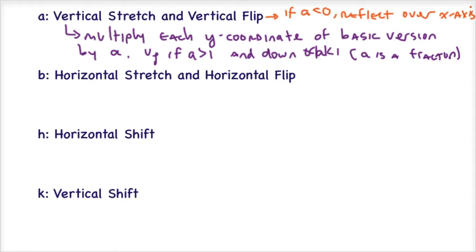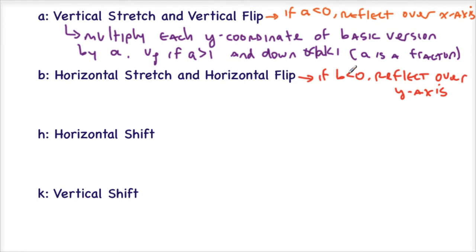Okay, the horizontal stretch. When we're working with B, we will probably not see this very much because, first of all, like I mentioned above, the horizontal flip is a reflection over the y-axis. So again, if B is less than 0, we reflect over the y-axis. And since a lot of these graphs are symmetric, I'm not even going to notice that change very much.